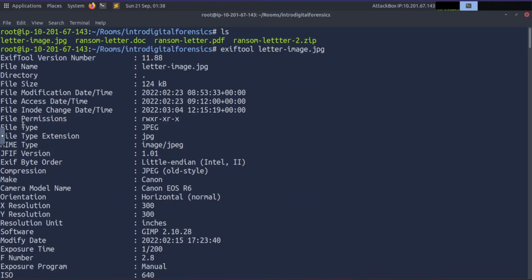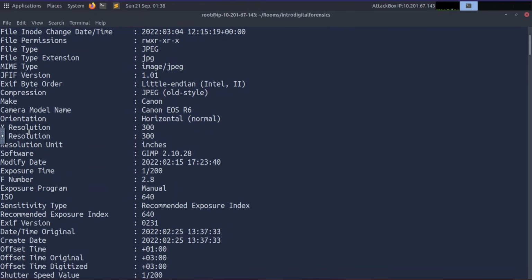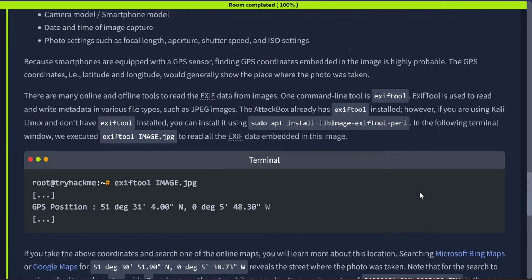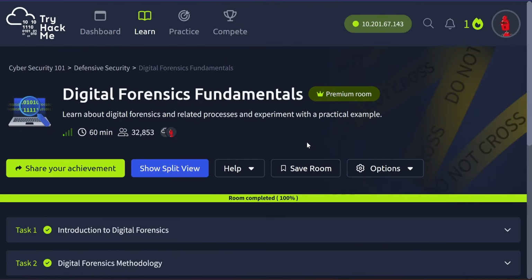So let's look, file, MIME type, camera model name. Here we go. So hopefully you can see that right there. This is going to be the Canon EOS R6. So let's paste that in. And with that, we have finished task number 5.